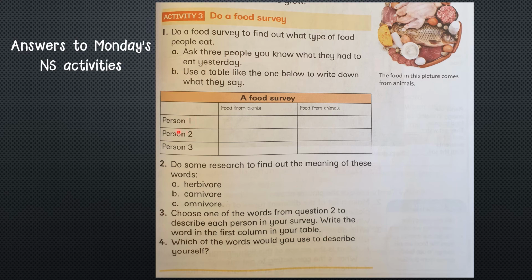So, for example, if person A in your table eats mainly food from plants, then you would write next to their name in brackets herbivore, because that person eats mainly plants. And then question 4 says, which of the words would you use to describe yourself? So you needed to choose one of these words to describe yourself and write it in your book.